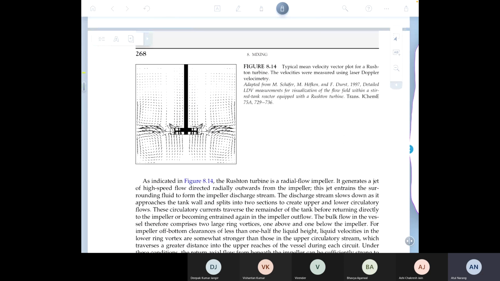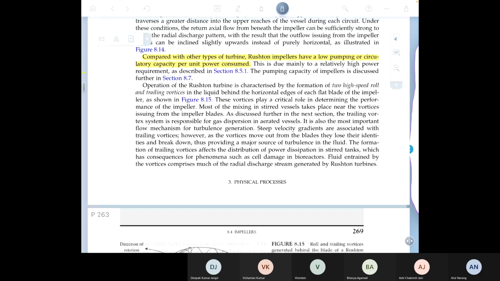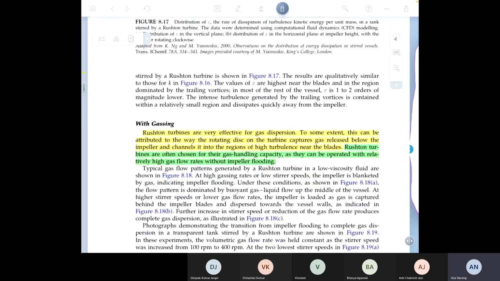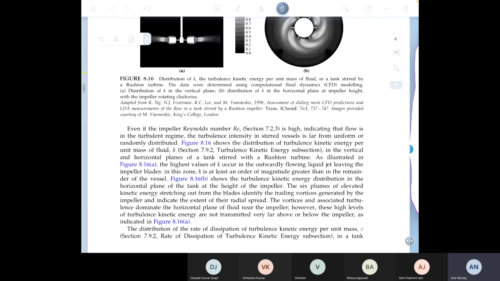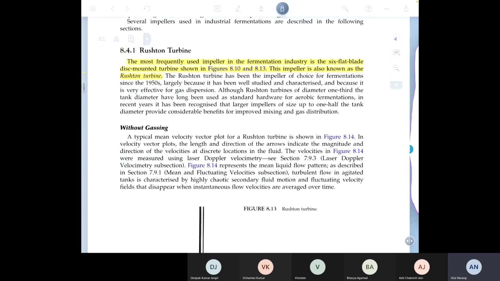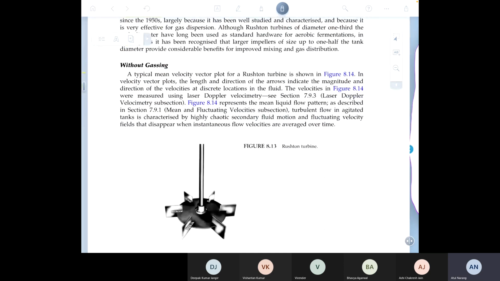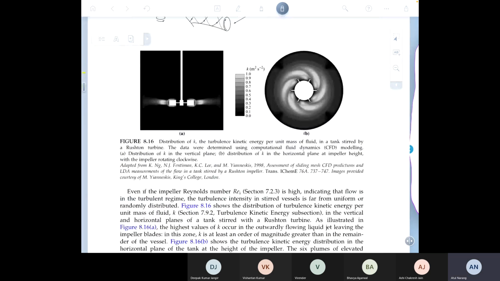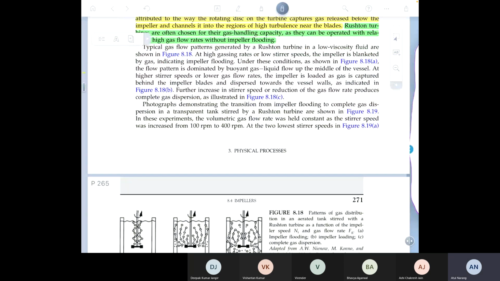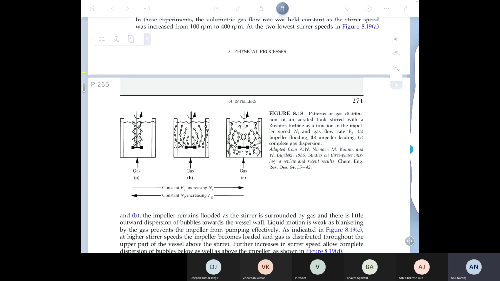This is with the Rushton turbine, and it also describes in great detail, and by the way, these flow patterns are described without gassing, which is to say when there is no gas, and what happens when there is gas as well. These are actually kind of tough slogging. It's a very detailed description. I urge you to read it yourself.